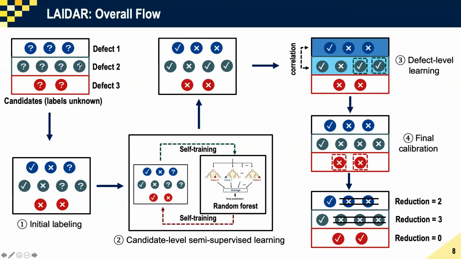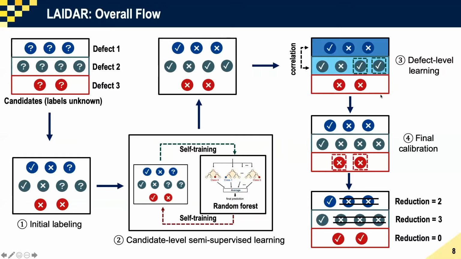At first, all the samples are unlabeled, and in the initial labeling step, part of them are labeled by 2 rules, and then semi-supervised learning is adopted to use both the labeled and unlabeled data to train a classifier and predict for all the samples.